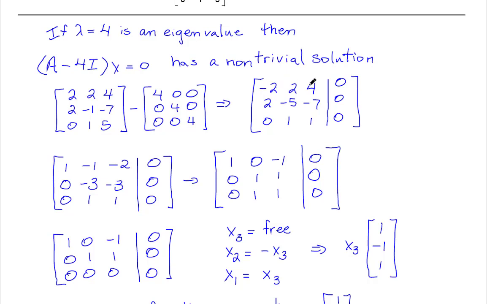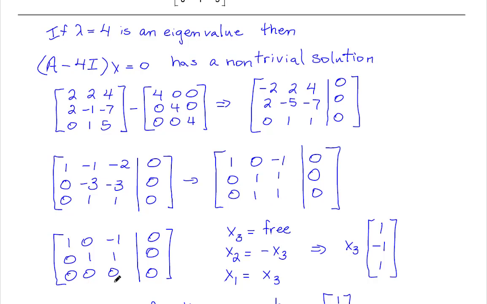Now I'm going to do row operations to see what happens. I'm going to take row 1, divide through by -2, and then use it to make zeros under it. I divided row 2 by -3, giving me (0, 1, 1, 0). I notice that's exactly the same as the last row, so I can multiply row 2 by -1 and add.